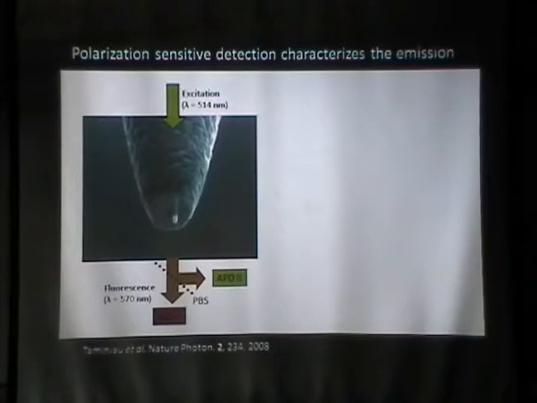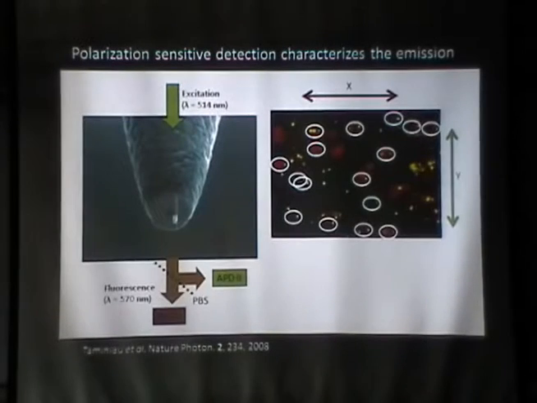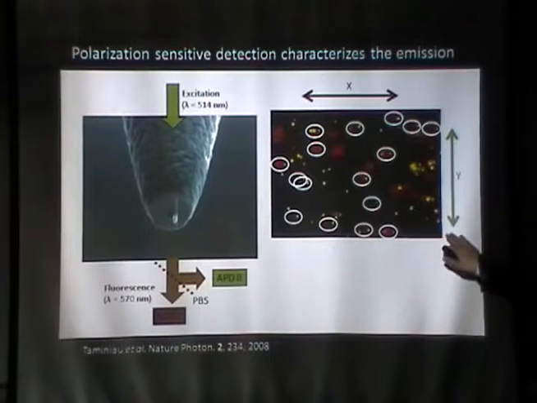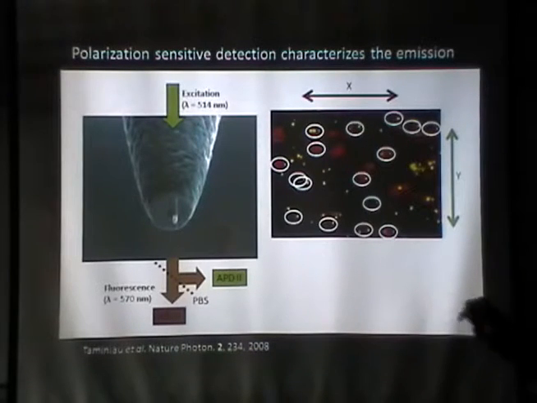So we did that, and we obtained this kind of images. So let's interpret this now. These are the fluorescence signals of individual molecules randomly placed on this sample. Okay, the molecules are immobilized and randomly distributed with random orientations.